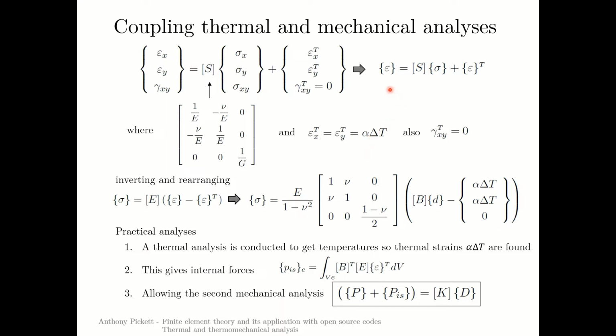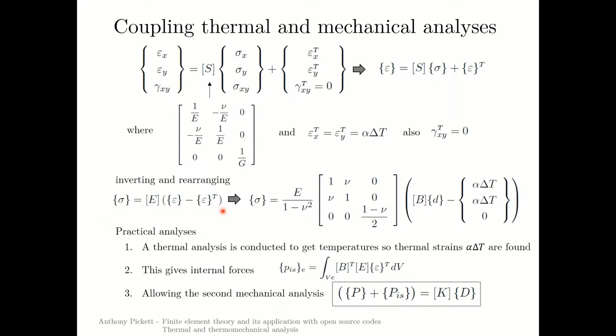If we invert this, invert's probably the wrong word, let's reorganize it. We bring this over this side, then we can get the stresses in the material, and that would be given by this relationship here.